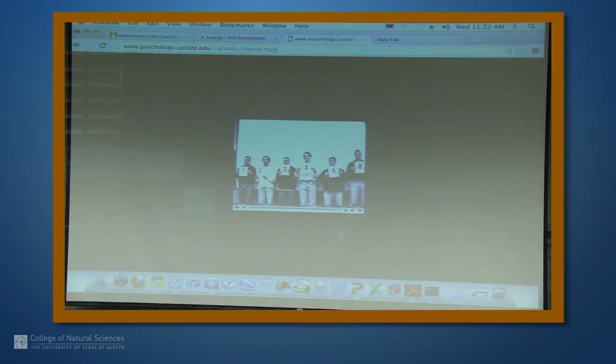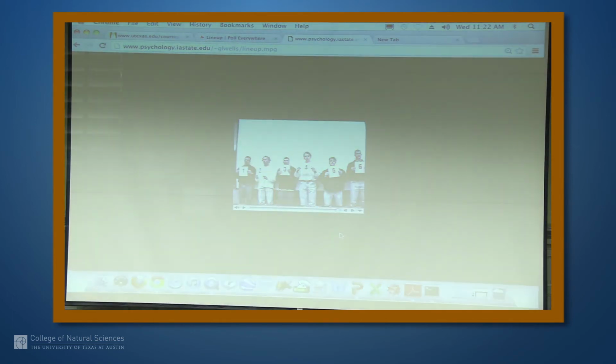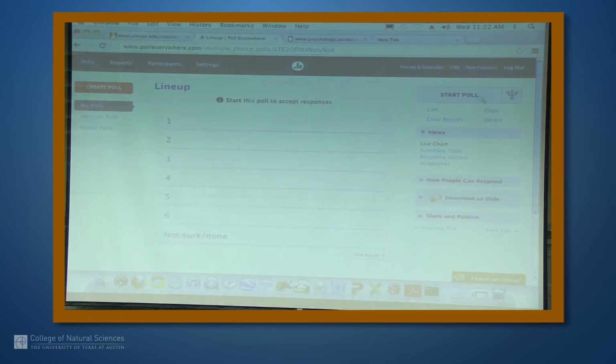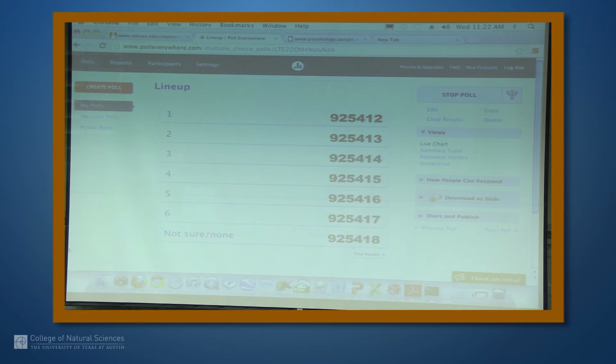So now we're going to do a poll on this. For some reason, probably because it's a question I used last year, it isn't telling you where to text to, but this is the number you text to.